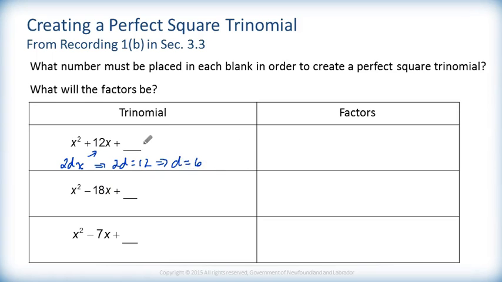And it was d squared that had to go in this blank. So that would be 6 squared, which is 36, would go in the blank. And the factors, (x plus d) squared, would be, in this case, (x plus 6) squared. So that's stuff we did back in section 3.3.